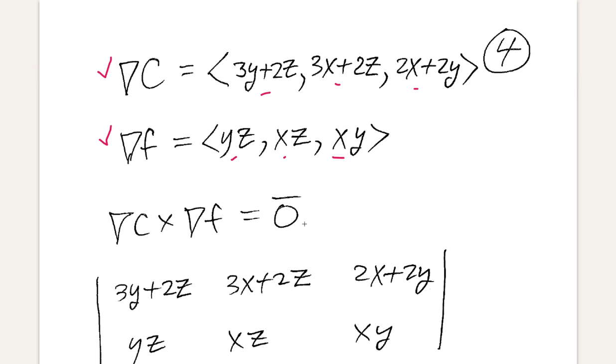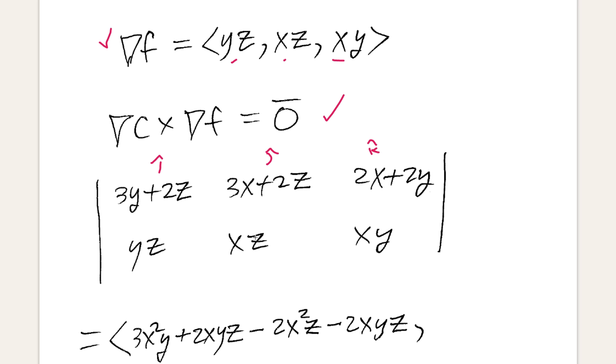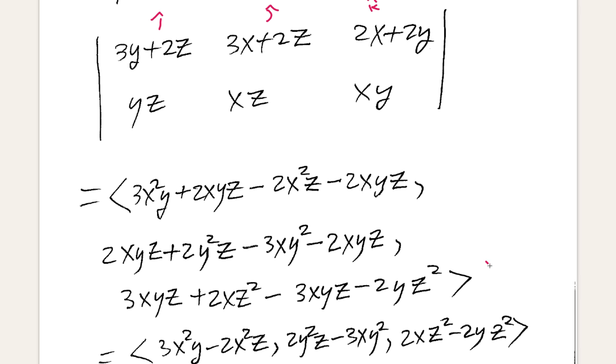I want the cross product of these to be 0. Using i, j, k, if you like 3 by 3 determinants, you take the cross product of these and you get this ugly thing.